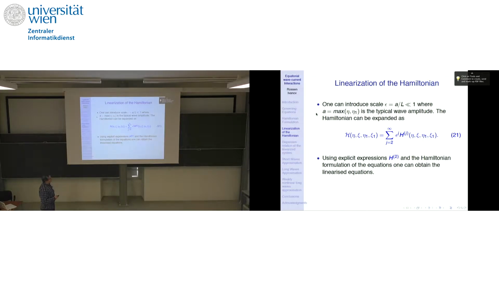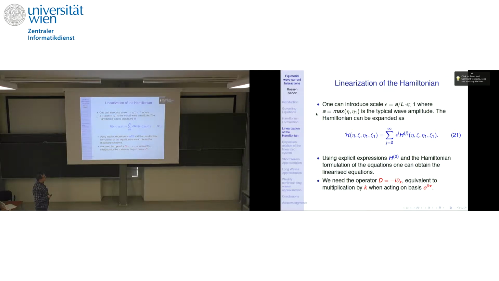The quadratic part, H2, will of course produce the linearized equation. The linear equation, because its variation comes from the quadratic part, produces linear equations. I'll give you just a flavor of what it is.